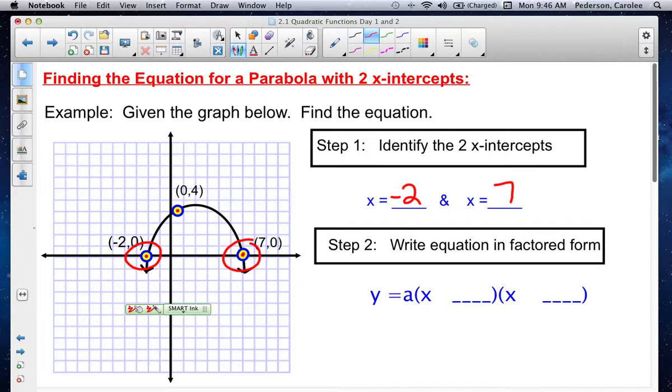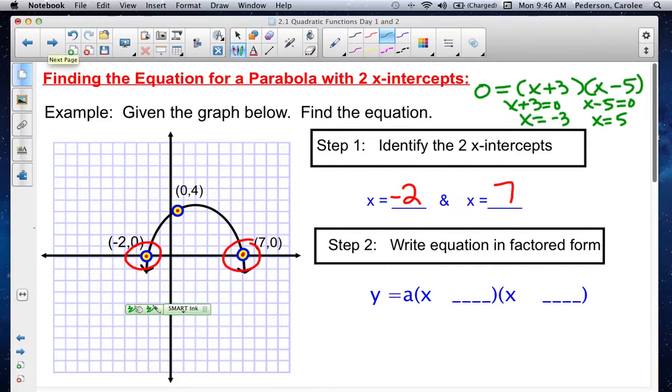So if I gave you an equation that looked like this, 0 equals x plus 3 and then x minus 5, you would set those equal to 0 and solve for x. So you get x plus 3 equals 0, and then x minus 5 equals 0. So then x equals -3 and x equals 5.